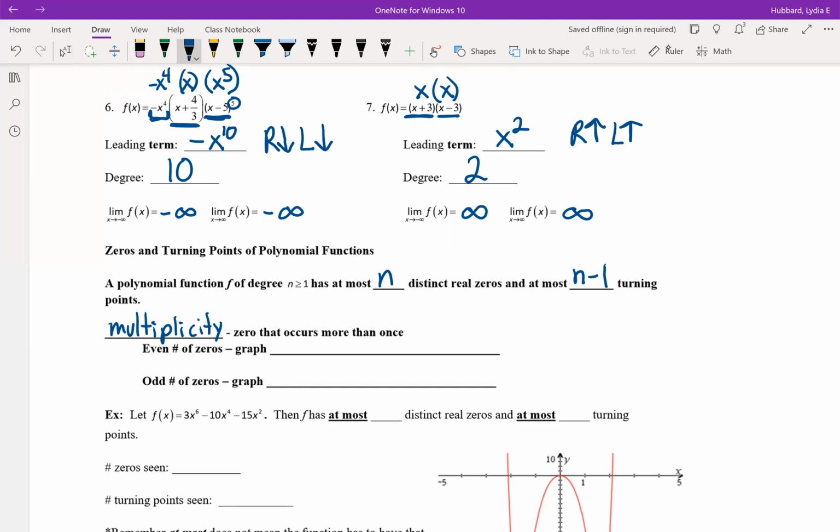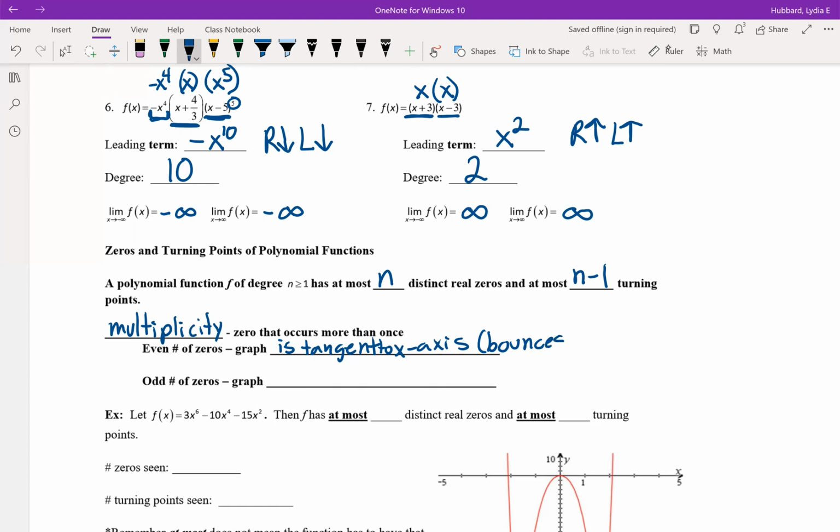So multiplicity is when we have something that occurs more than once. And if we have an even multiplicity, that means that our graph is tangent to the x-axis, otherwise known as bouncing.